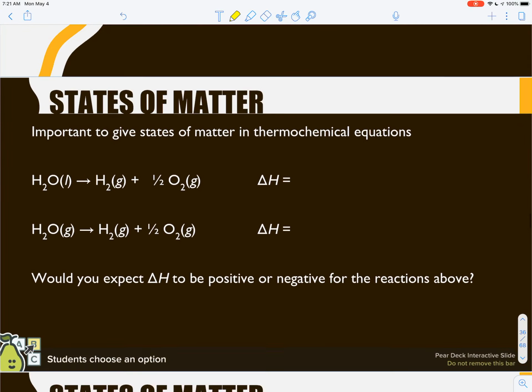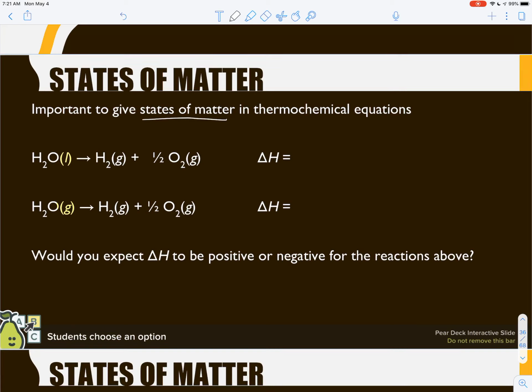So the first question then is, regardless of how these delta H's compare, would you expect them to be positive or negative? I want you to think about when you decompose water, does it release energy or does it require energy? And a good question to ask yourself is, do you know that answer for the reverse reaction?